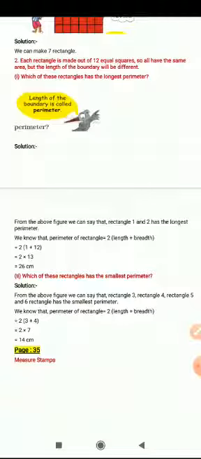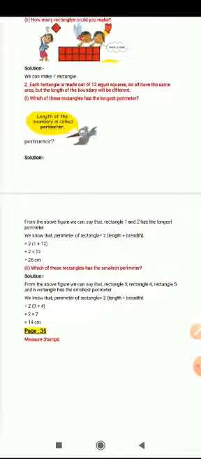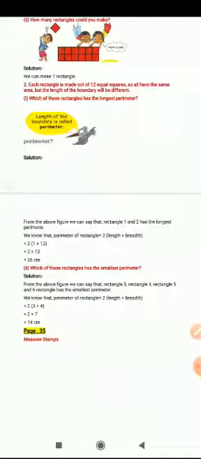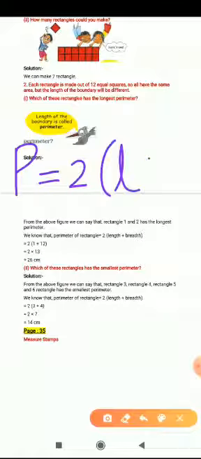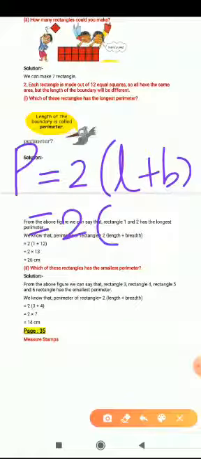Which of these rectangles has the smallest perimeter? From the above figure, we can say that rectangles 3, 4, 5 and 6 have the smallest perimeter. Let's find out. As we know, the formula is P is equal to 2 times L plus B. So 2 times the length of rectangle 3.